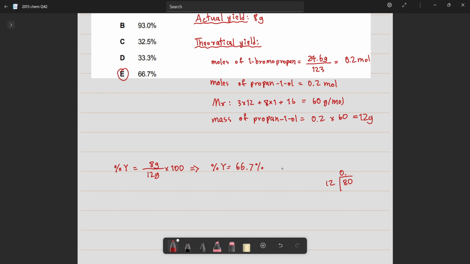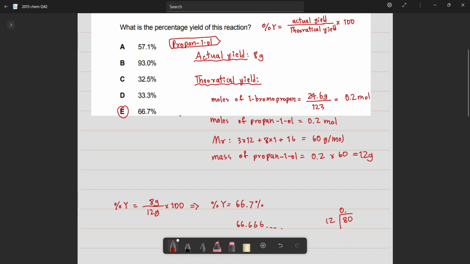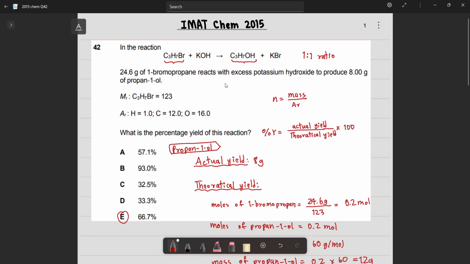But since this is an infinite number, because the actual value is 66.666, it continues forever. So you just round it off to at least one decimal place to get 66.7. So this is the answer. That's how we solve the question.